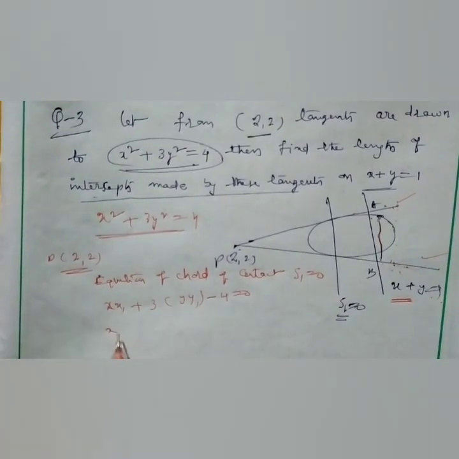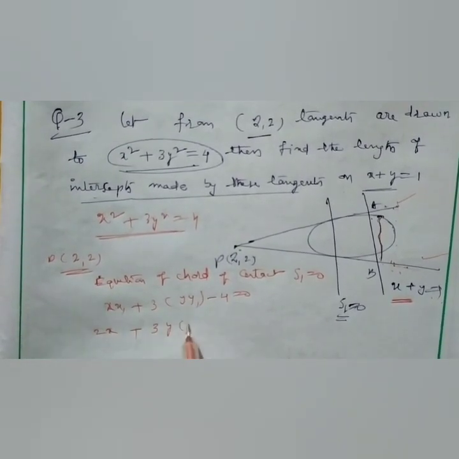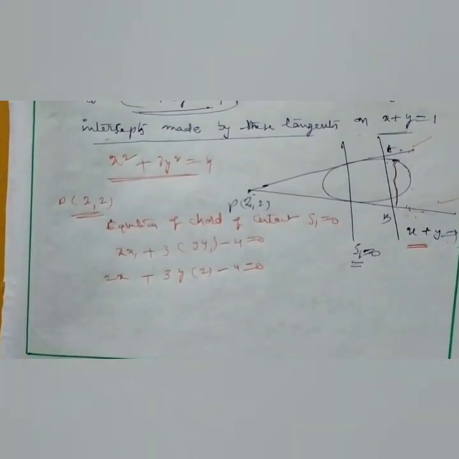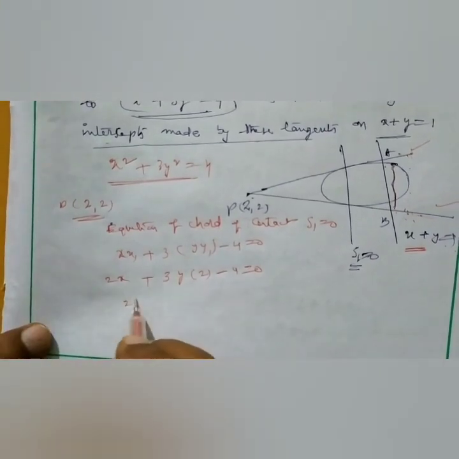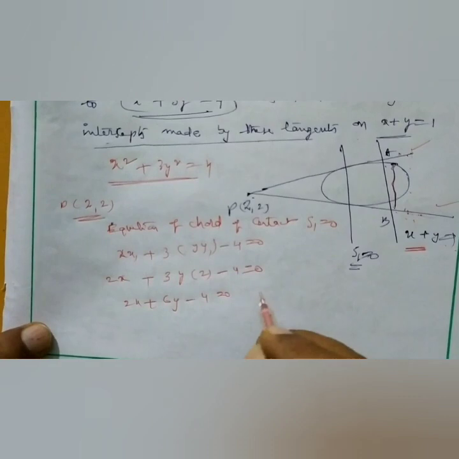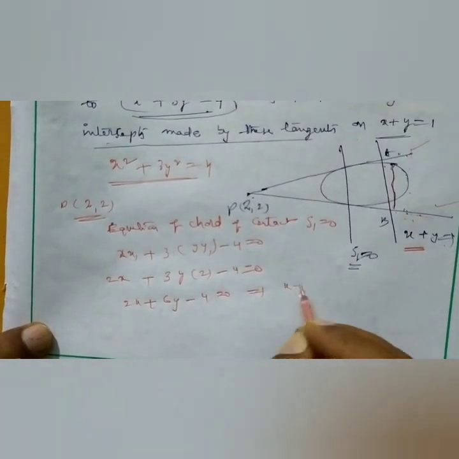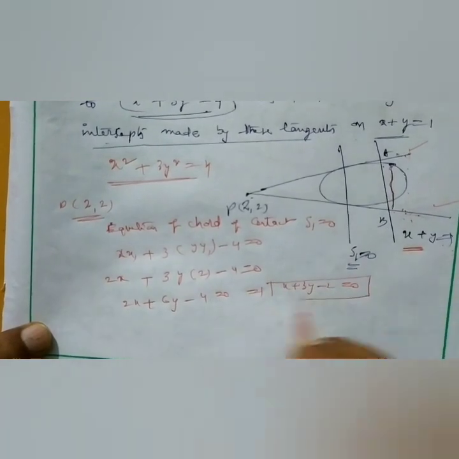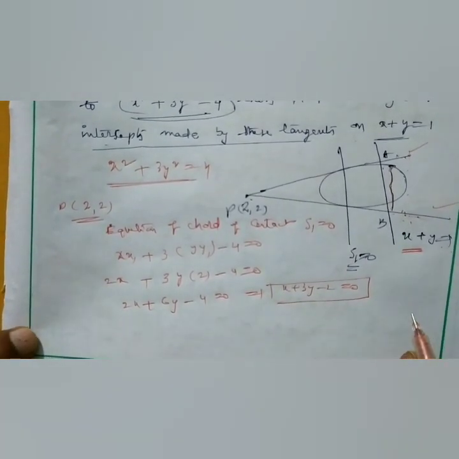That is 2x plus 3 into 2y minus 4 is equal to 0. So here 2x plus 6y minus 4 is equal to 0. X plus 3y minus 2 is equal to 0 is the chord of contact.